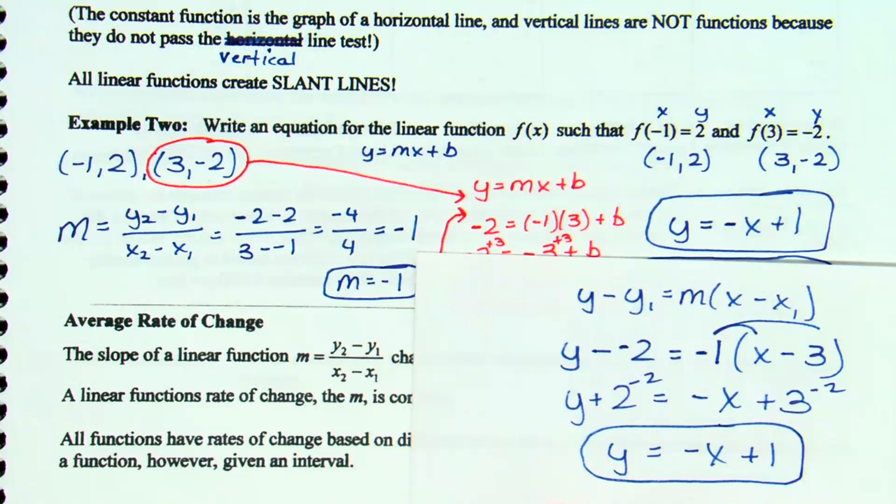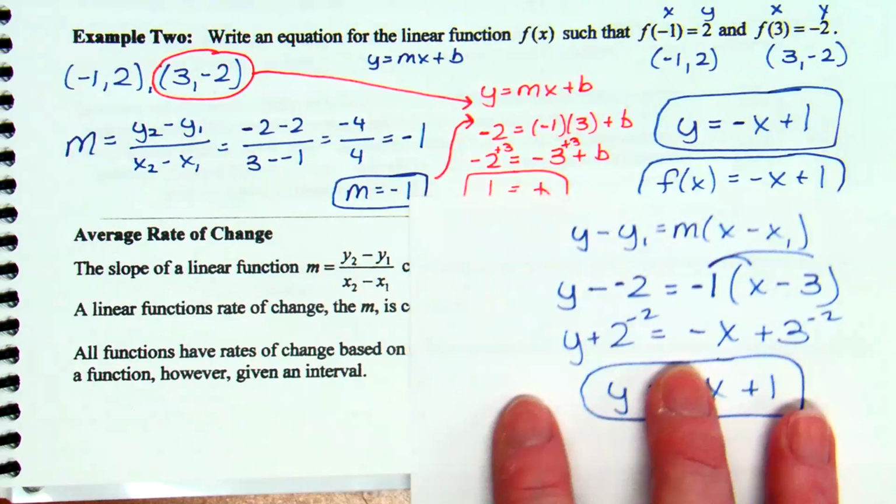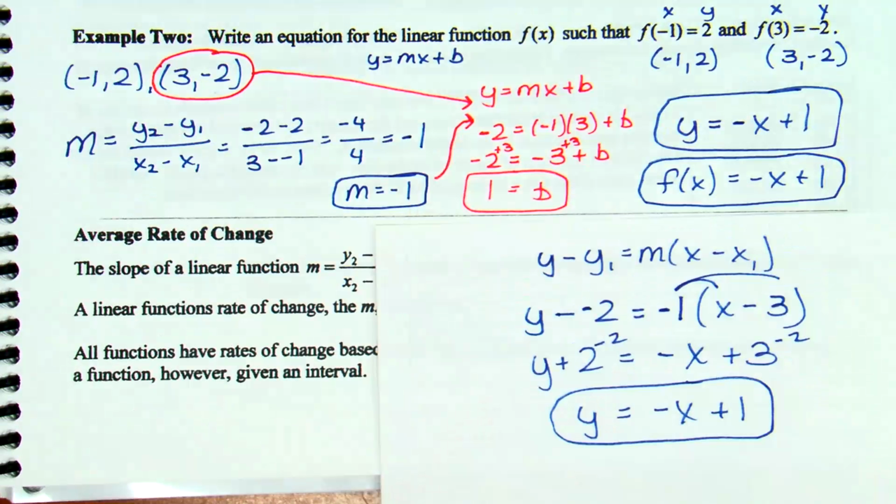Same answer? You can't see, but you have it written down there. Okay? I personally like that one a little bit better. Maybe I should have taught that one first and then reviewed the other one. I might have done myself an injustice there, but they both work. If you're told in this stage of the game to write an equation for the linear function, it's your choice how you find it.